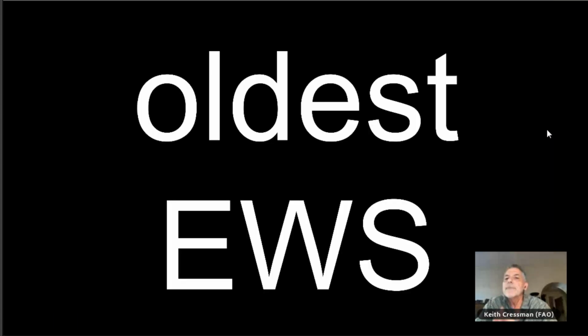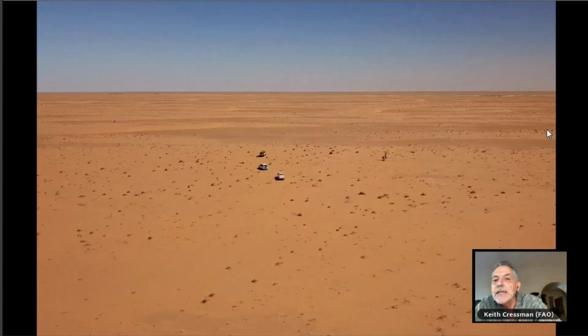So how do we stop from getting to this situation? Well, fortunately, we have one of the oldest warning systems in the world against desert locusts. It's nearly 100 years old. So countries are used to monitoring in the desert, looking for those desert locust infestations, looking for green areas that might harbor desert locusts and allow them to increase in number.